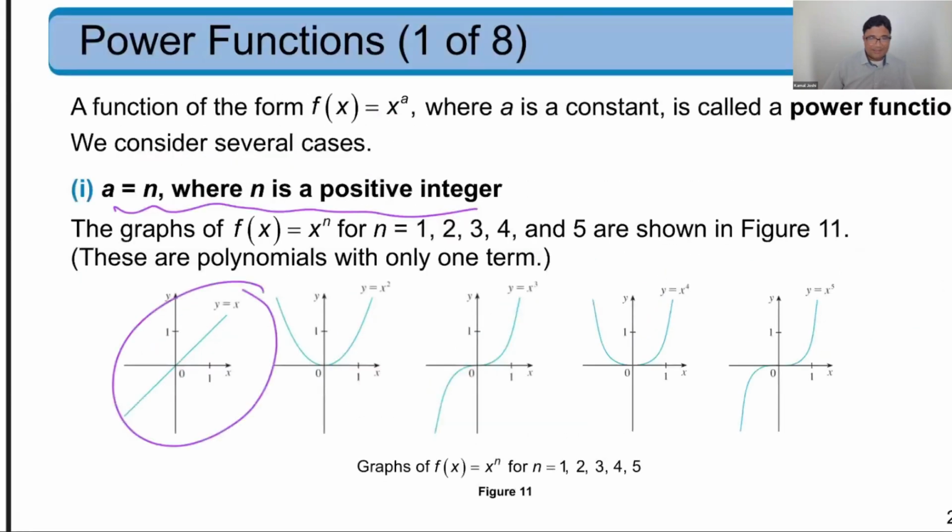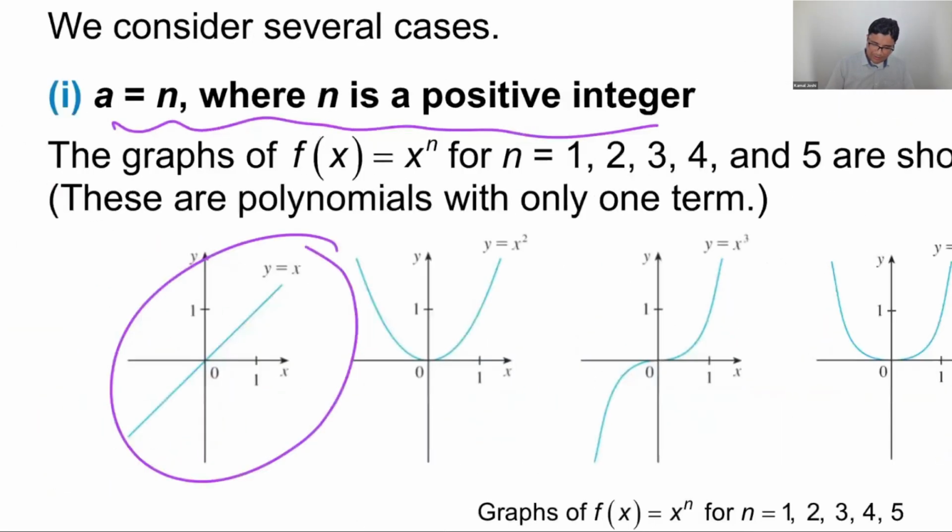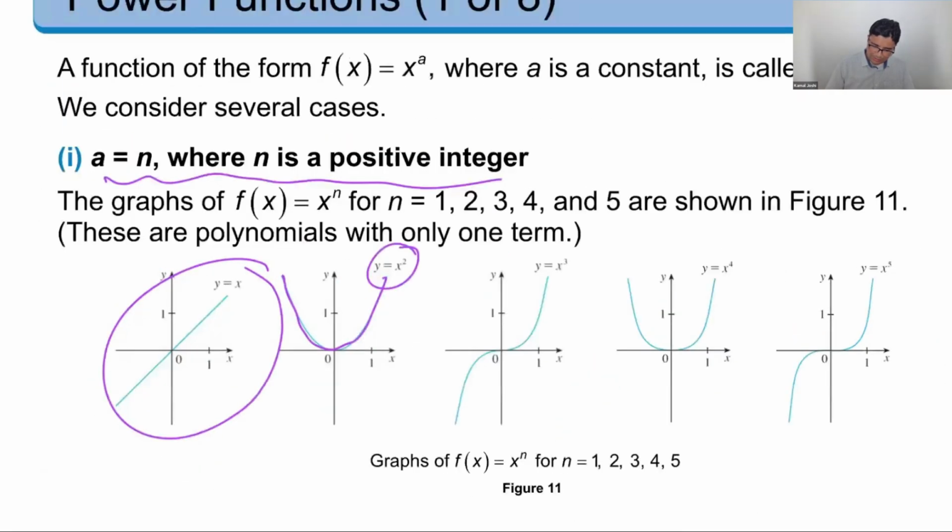When it is 1, that's the linear function, y equals x, the straight line through the origin. If it is x squared, that's the parabola shape. X cubed has this inverted S shape or whatever you call it, that shape. And then degree 4 is again looking like a parabola, but a little bit more flat around the origin.